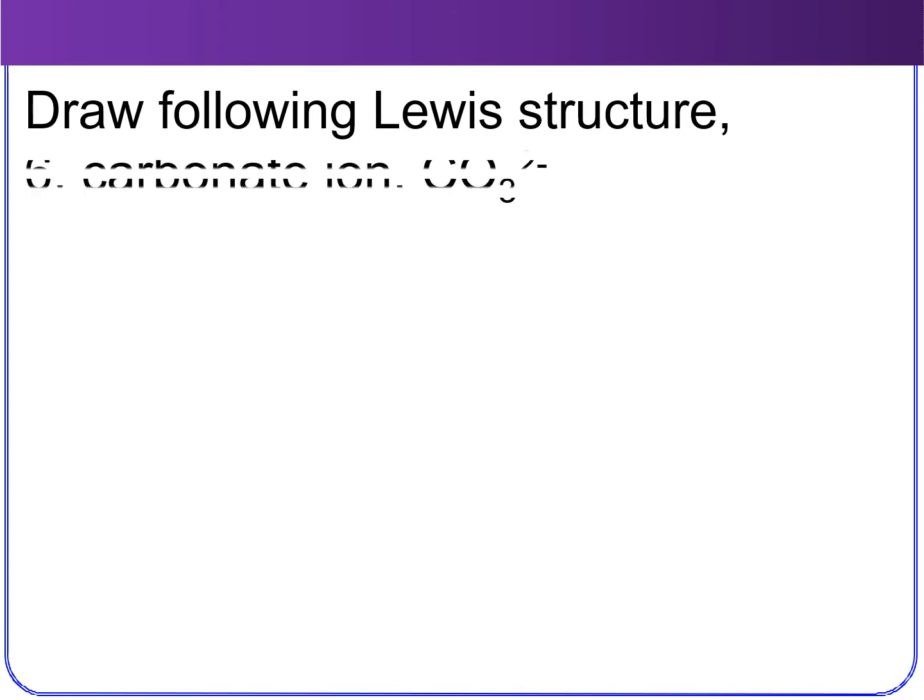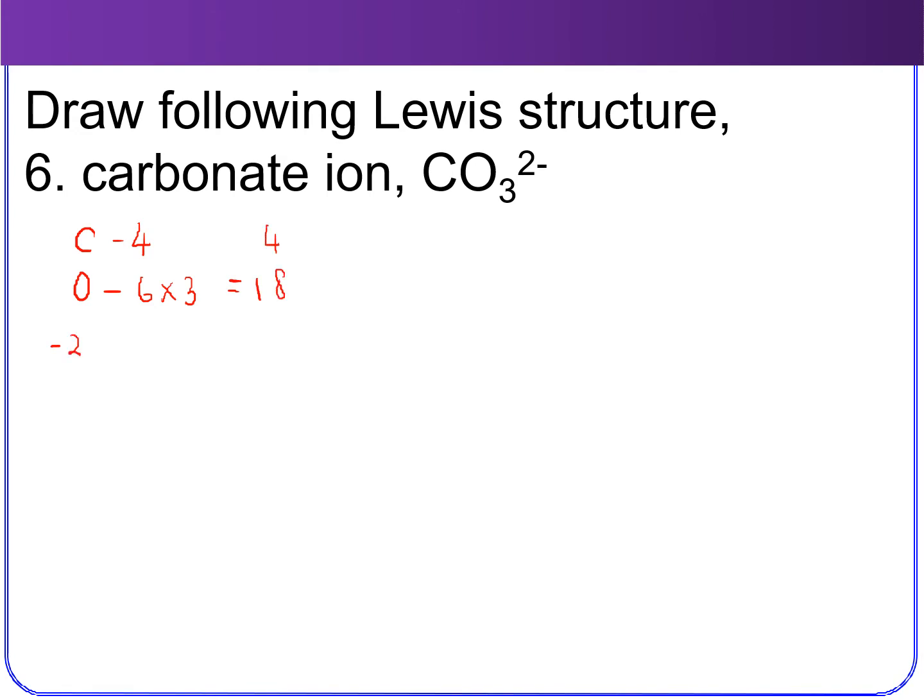Last example before we proceed to step number 6. This time we are going to draw the carbonate ion. Carbon 4 valence electrons, oxygen 6 times 3 equals 18. And then the charge of -2 means that we're going to get 2 electrons.